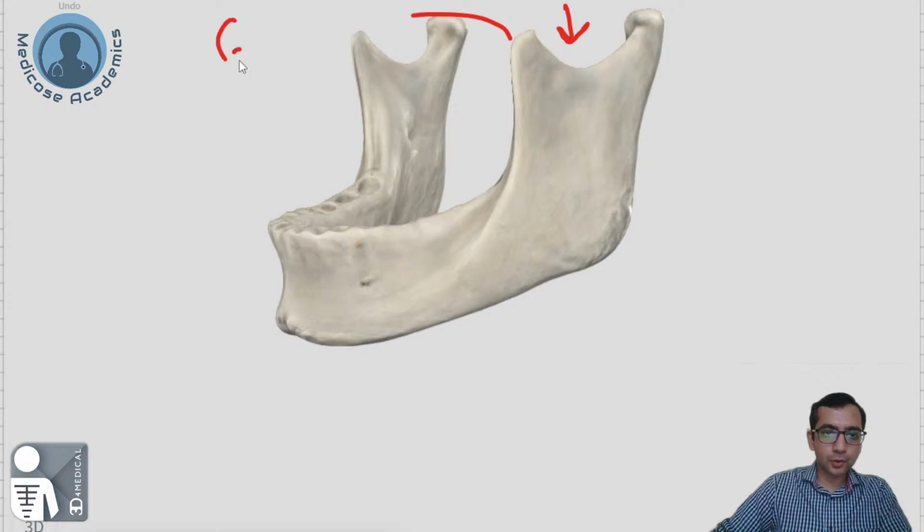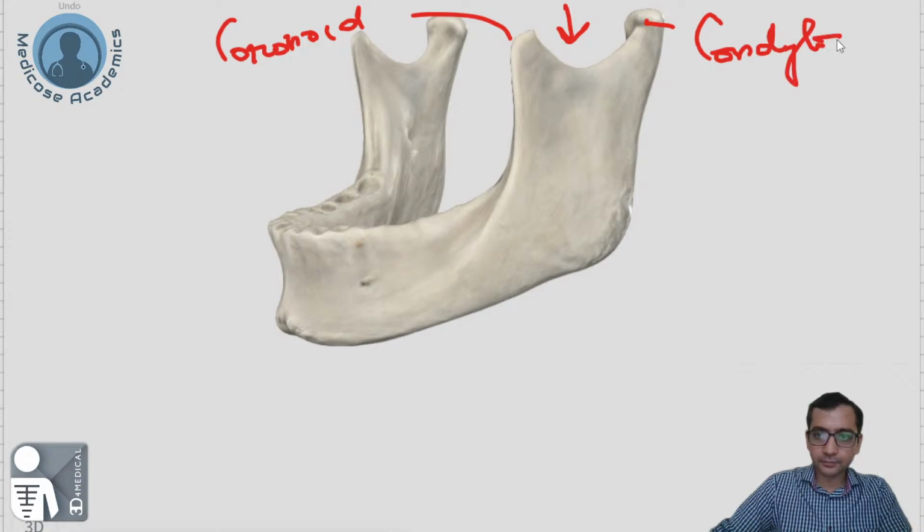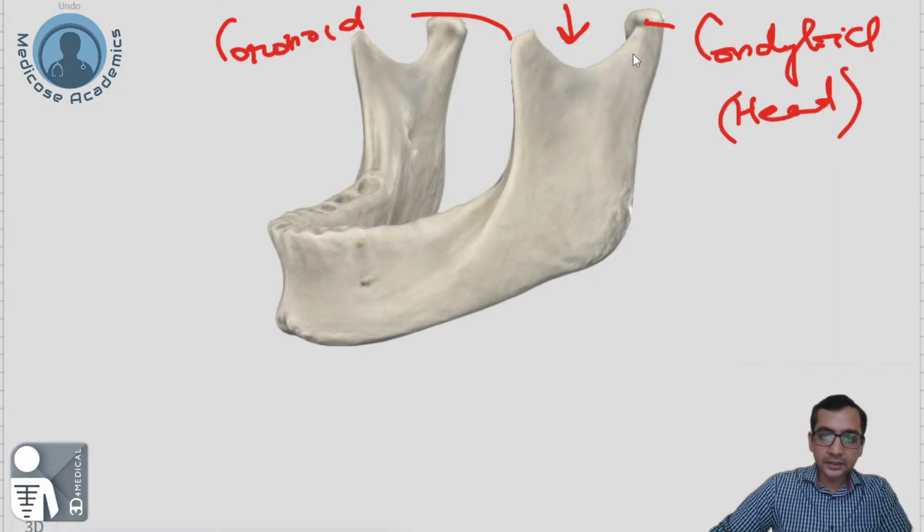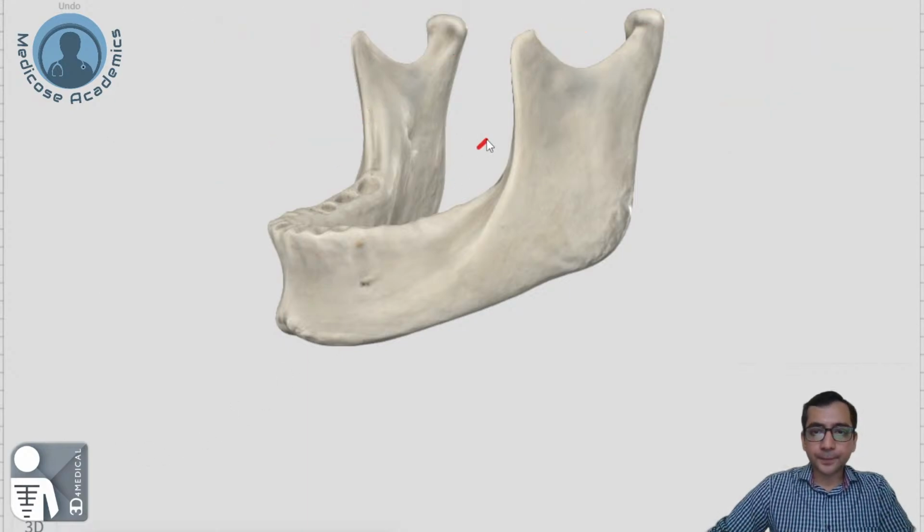This is called coronoid, and this is called condyloid. This is also called the head of the mandible. And if you consider this the head, obviously the constricted part below it would be the neck of the mandible. Okay, this is the head and neck of the mandible.